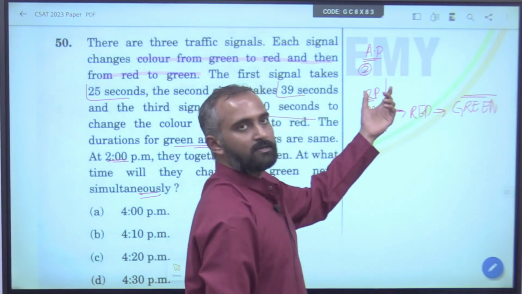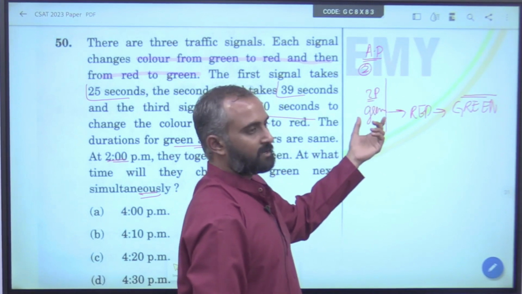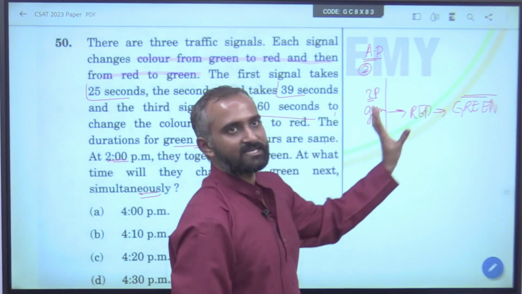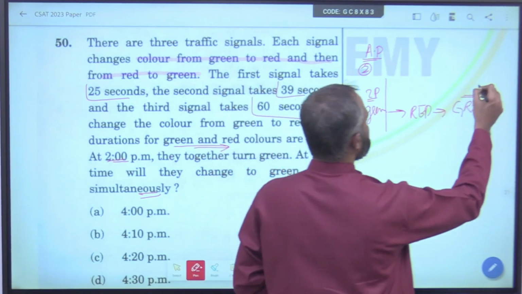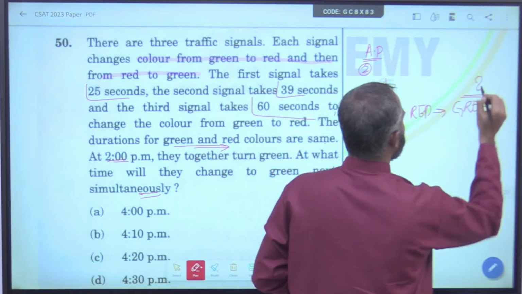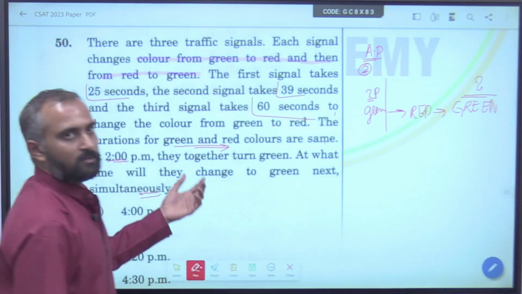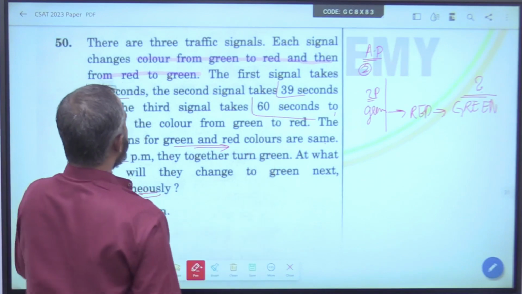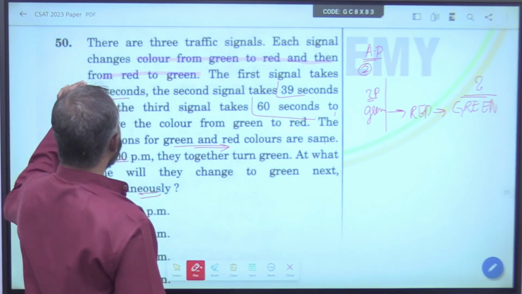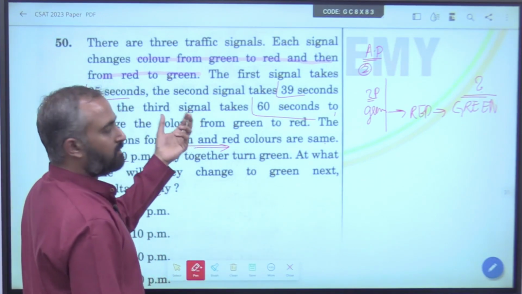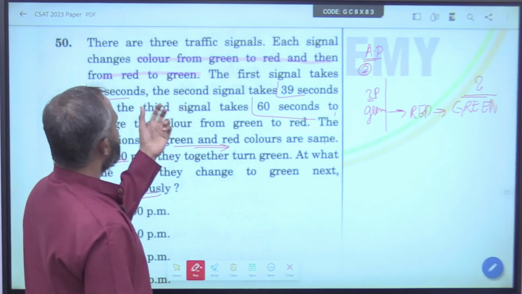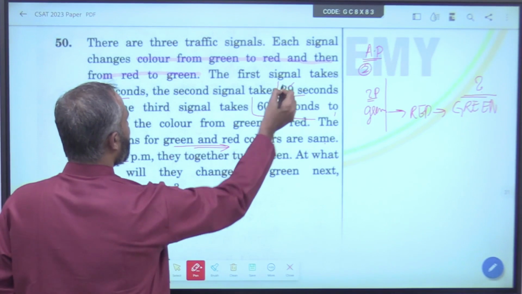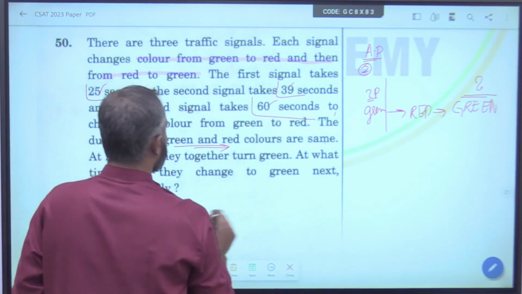He said they occur at the same time at 2 p.m. What is the next time that they are going to occur simultaneously? Now this is a basic problem of LCM. The longest time that they need to simultaneously shift is nothing but LCM of 39, 25 and 60.